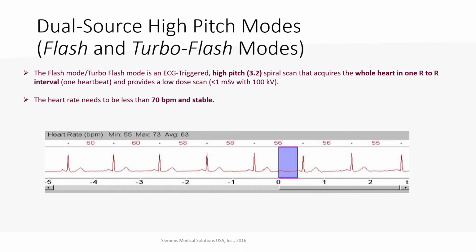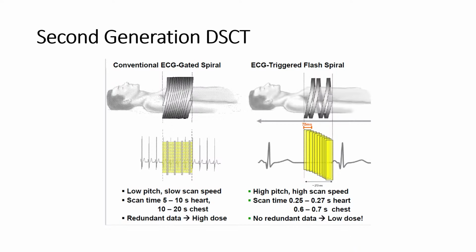Since we have a dual source CT here, we have what we call high pitch mode. So essentially, the table is going to move much faster. Okay, and because we have two detectors that allow us to do that, what we call flash spiral mode.